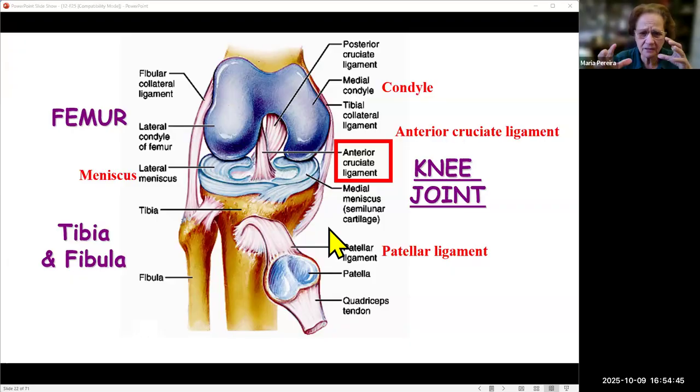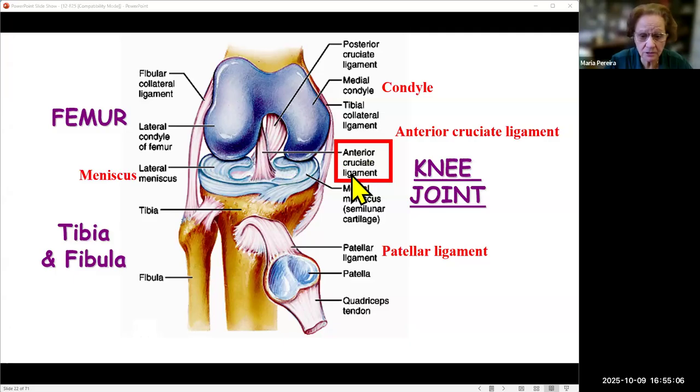And it's a very particular architecture of these two bones, how they meet each other at articulation. So, of course, you have the patella, here's the patella with its ligaments, and you have ligaments that are intracapsular.